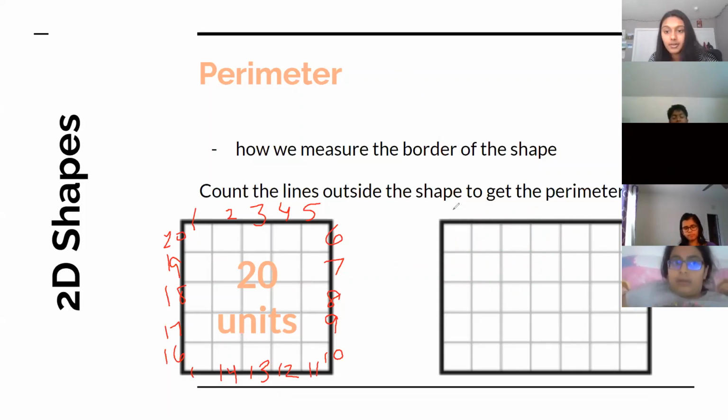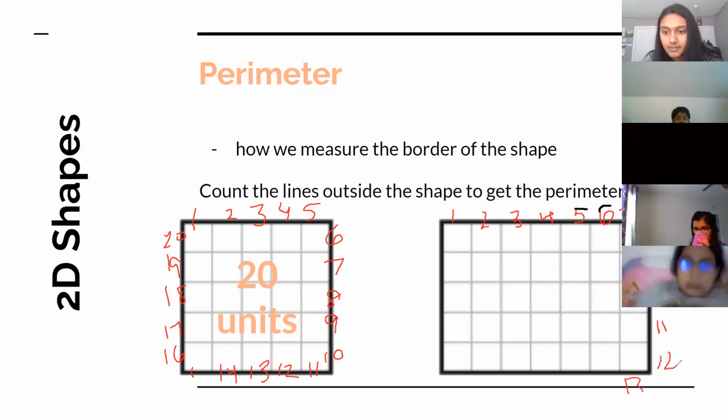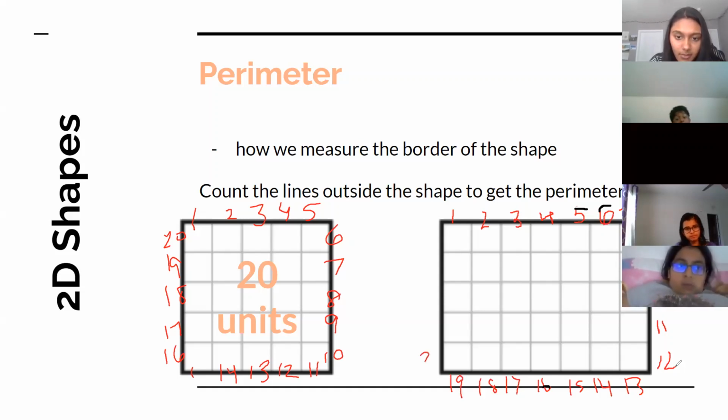So let's all count together. So we have 1, 2, and you guys can all count with me if you want. 3, 4, 5, 6, 7, 8, 9, 10, 11, 12, 13, 14, 15, 16, 17, 18, 19, 20, 21, 22, 23, 24.